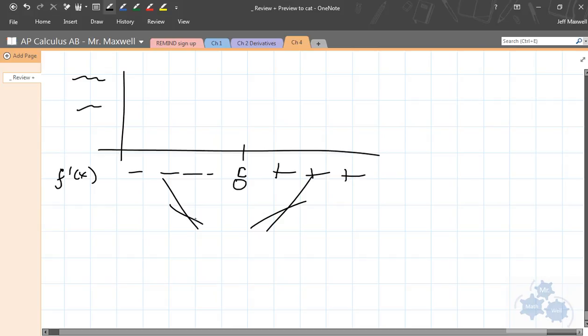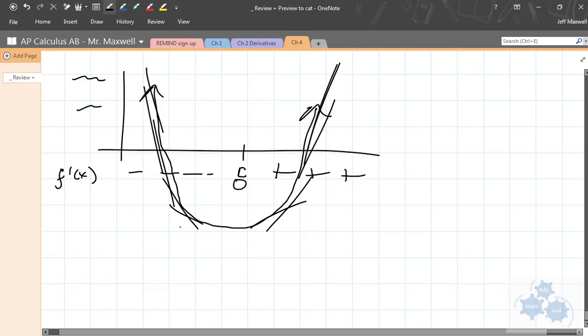There's no indication that the sign changes. All of these tangents are positive over here, all of them are negative over here. So in this case, you could say this is a local minimum, but it's also the absolute minimum because it's the only one. So f of C is the absolute minimum.